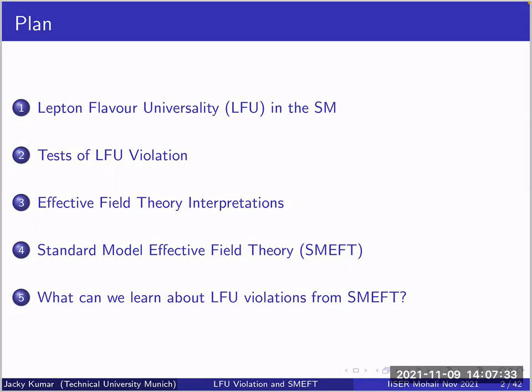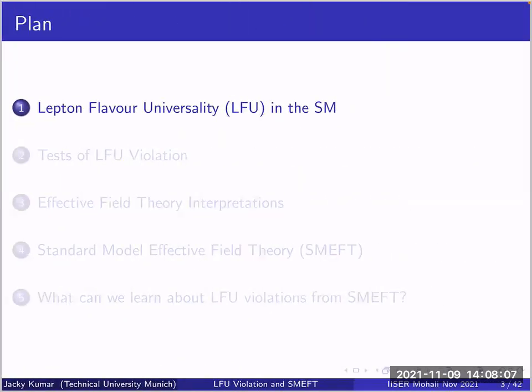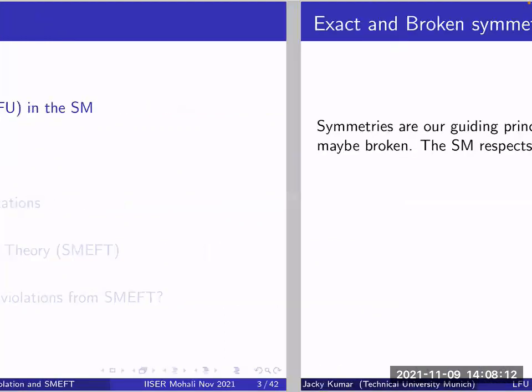I will talk about how to interpret this anomaly using the effective field theory approach, and then I will spend quite a bit of time to introduce standard model effective field theory, and then finally I will come to the main point of the talk: what we can learn about LFU violations if such deviations are confirmed in future experiments. Okay, so let us start with the lepton-flavour universality feature of the standard model.